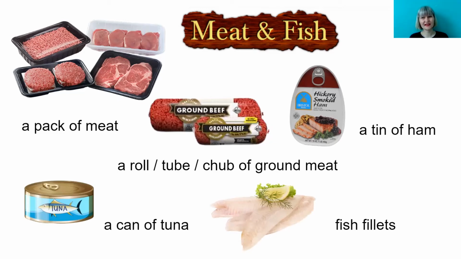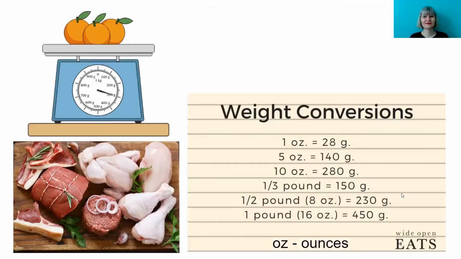So fish in this case is an adjective. У нас превратилось слово рыба в прилагательное, рыбное филе. So fish fillets, a French word, французское слово, поэтому такое у него интересное произношение. Т у нас немая в данном случае. Fillet, fillet.